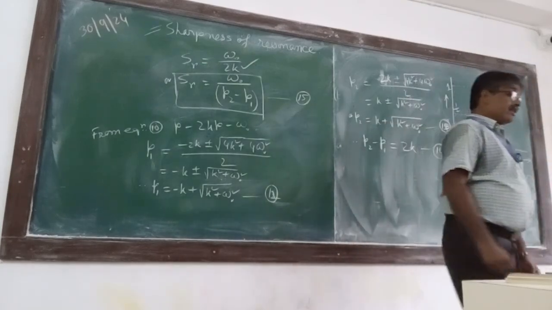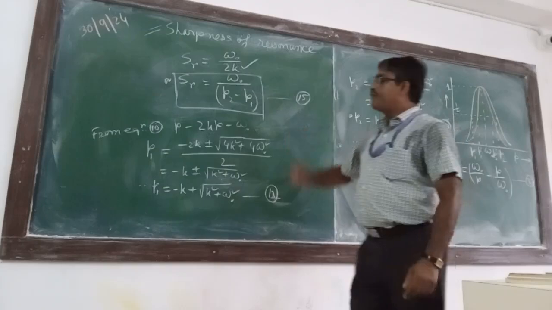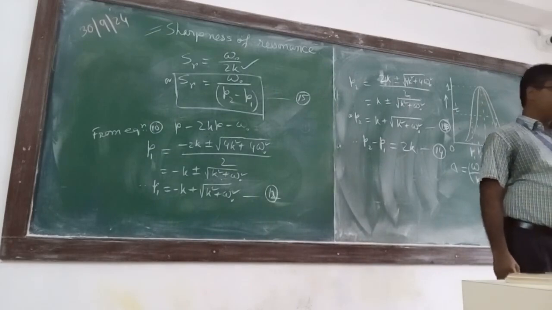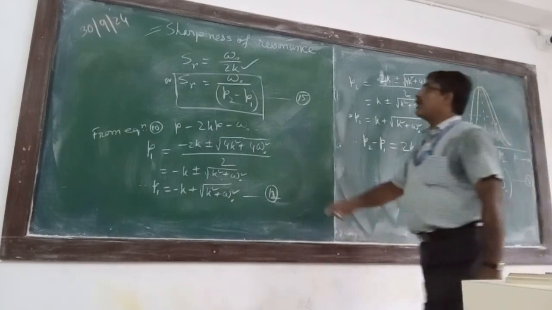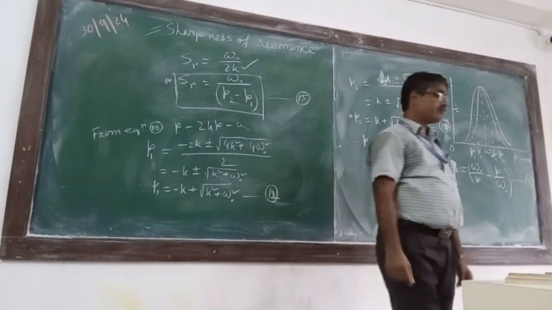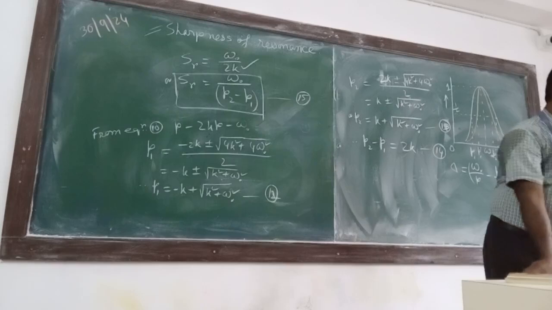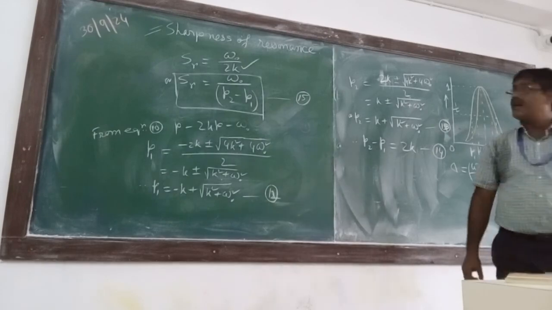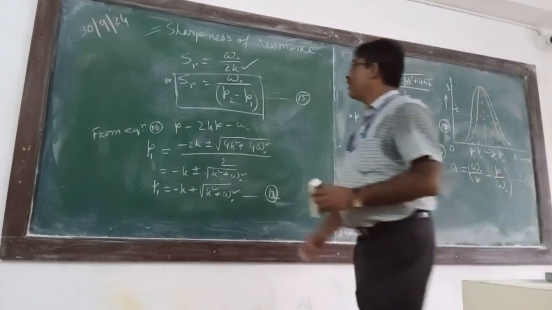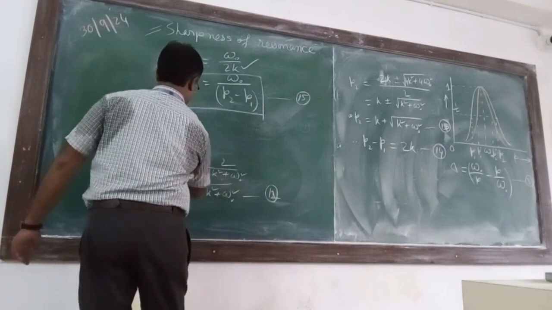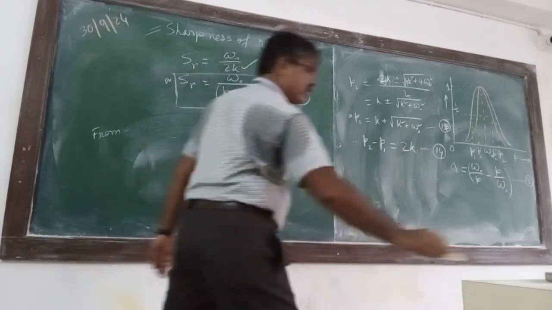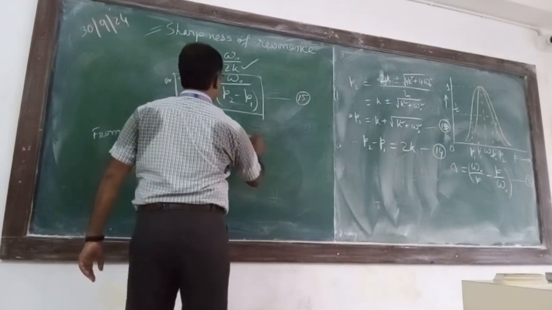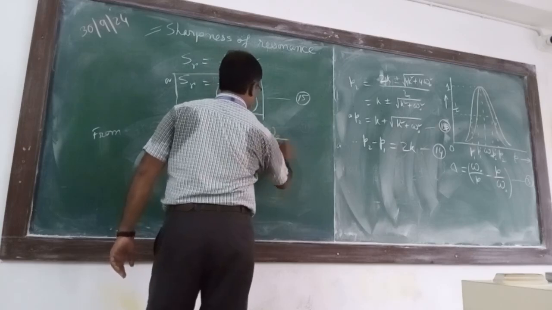The quantity omega naught by P2 minus P1 is called quality factor Q, capital Q. Therefore, Q equals SR equals omega naught by P2 minus P1.